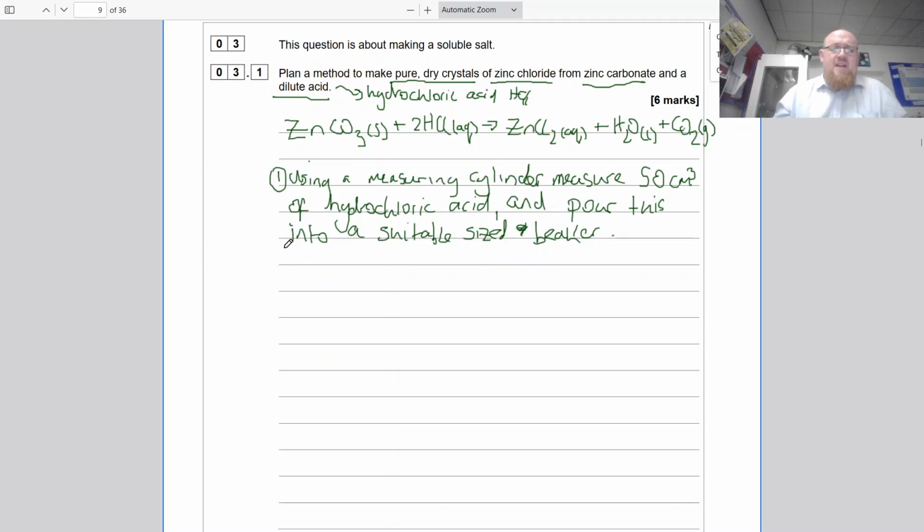Now, our second step is to add spatulas of zinc carbonate, and we want to do this until no more dissolves.